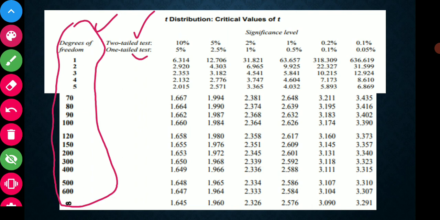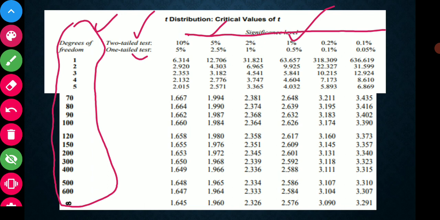In front of the two-tailed test, these are the levels of significance: 10%, 5%, 2%, 1%, 0.2%, 0.1%. Generally in biological sciences we can take any level of significance, but in practice we take the level of significance as either 5% or 1%. Here you can see that at infinite, if your sample size is very large, the degree of freedom will be around infinity.